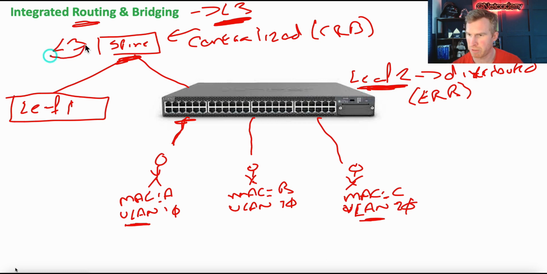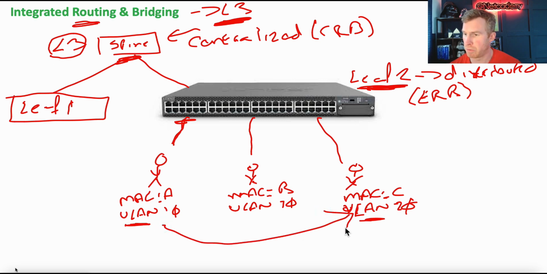Now with that layer 3 interface on the spine, if user A wanted to communicate to user C, the leaf would have to forward that traffic up to the spine where the inter-VNI routing, i.e. the inter-subnet routing, would take place, only for it to then come back down to that same leaf device. That's called tromboning. And you want to avoid that as much as possible.